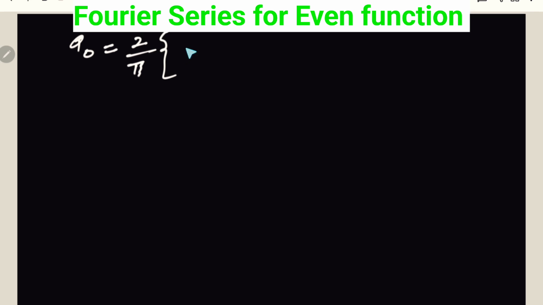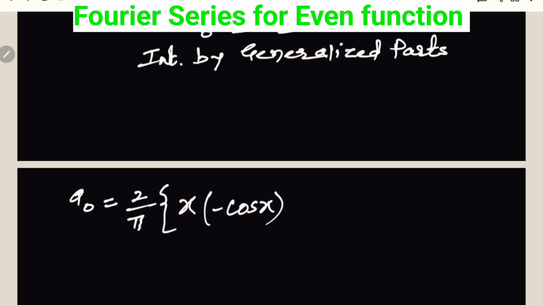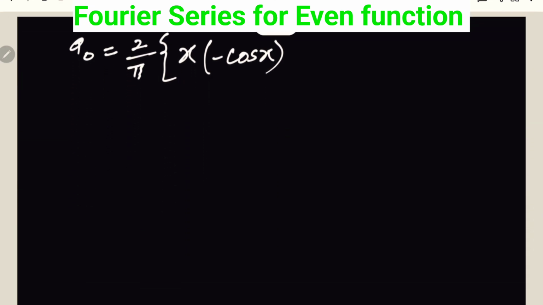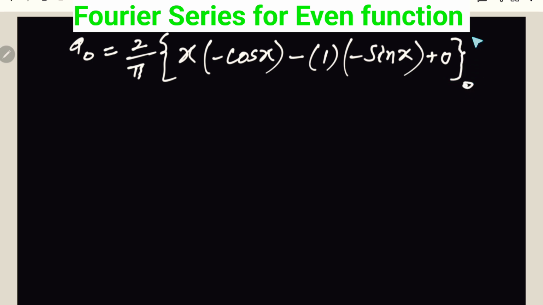First term x, integration of sine is minus cos x, divided by 1, then minus, derivative of x with respect to x is 1, and the next integration of cos is sine with that minus sign, therefore it is minus sin x. The next term becomes 0, as the derivative of a constant term is 0. Limits from 0 to pi.